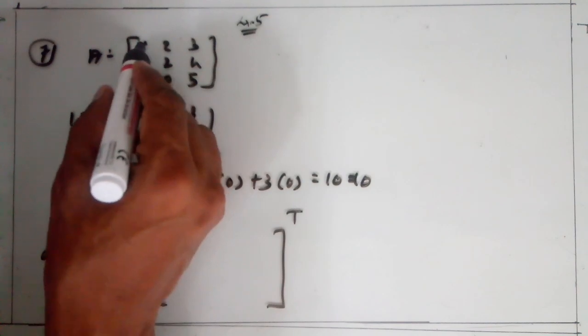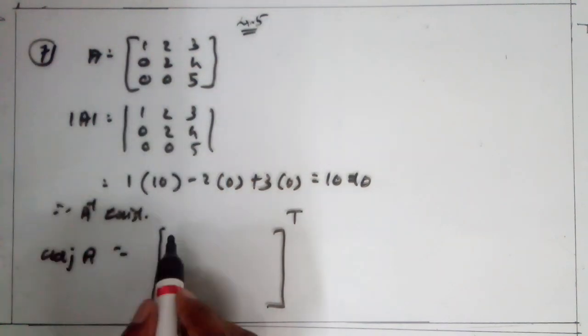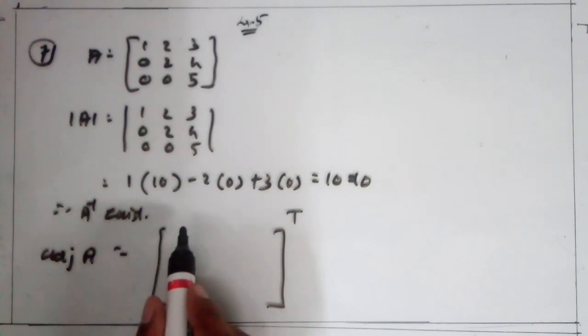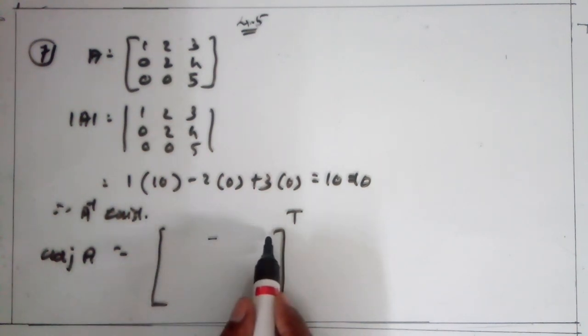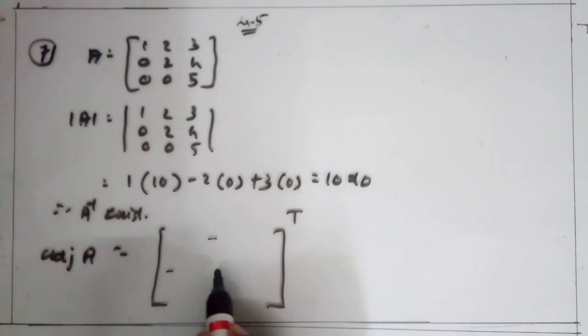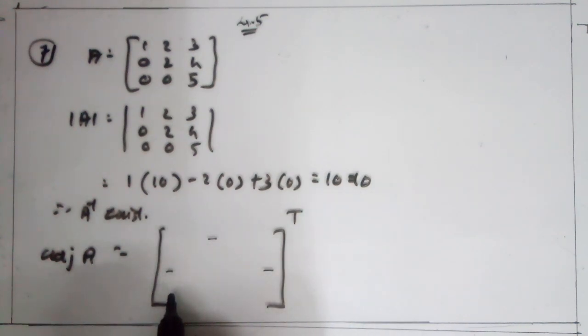Here we know that for the cofactor in a first, which type of sign? Minus 1 raised to 1 plus 1, minus 1 raised to 2, that is a plus. So alternately plus, minus, plus, minus, plus, minus, plus, and minus. First we apply this sign. Clear?